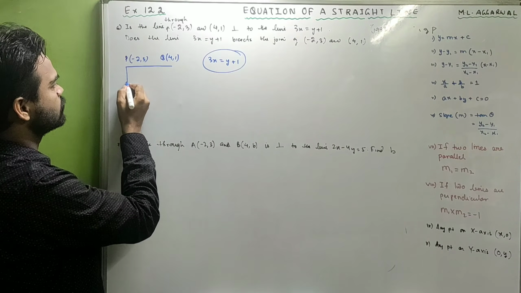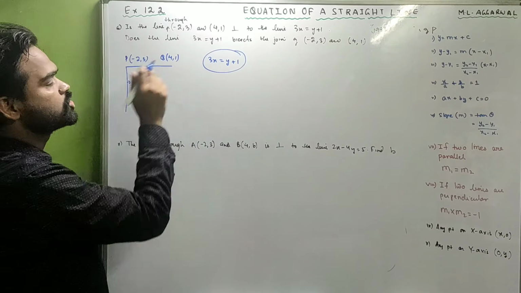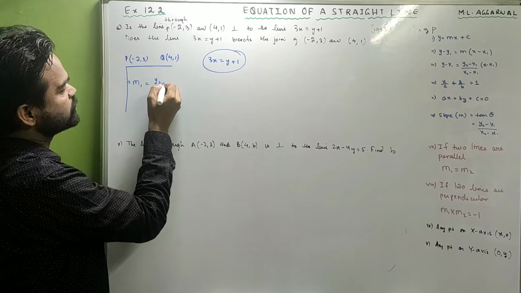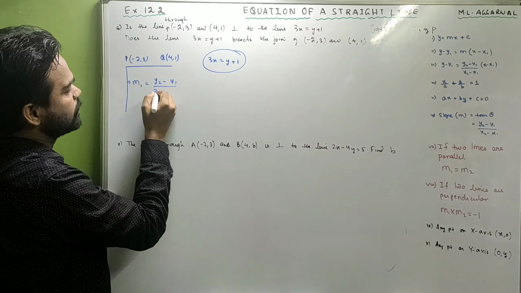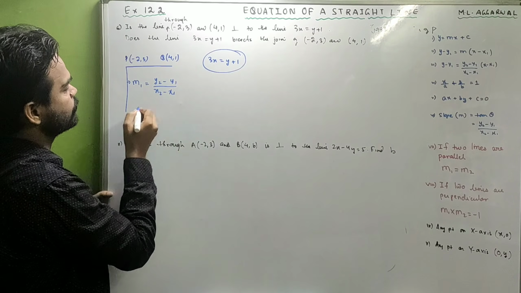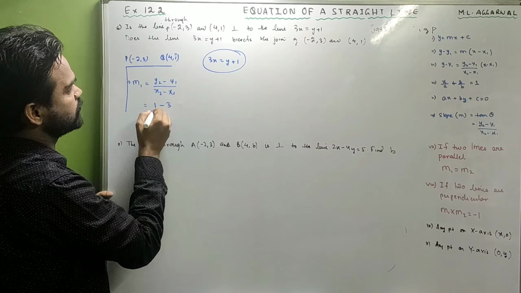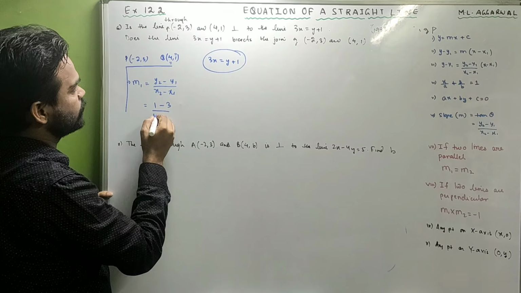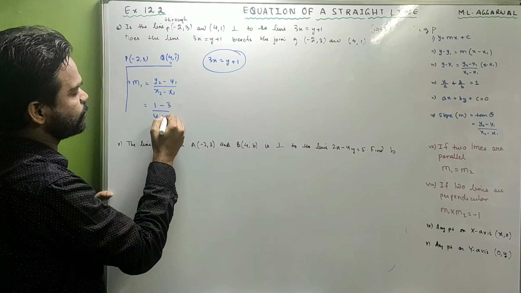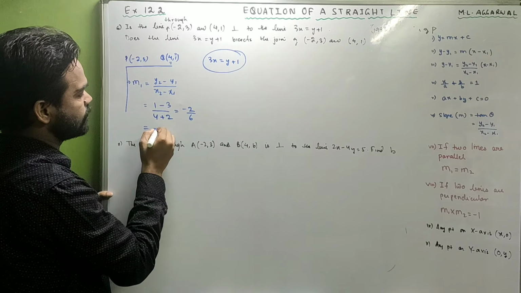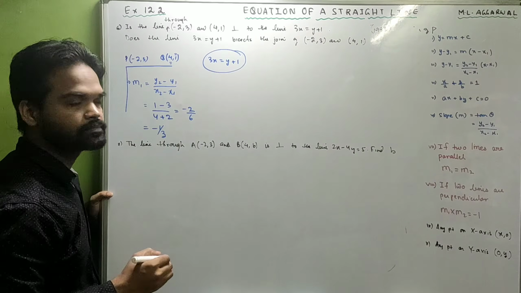Find the slope of the line passing through these 2 points. We know the slope m1 is y2 minus y1 by x2 minus x1. This will be 1 minus 3 over 4 minus of minus 2, which is plus 2, that's minus 2 by 6, that's minus 1 by 3.